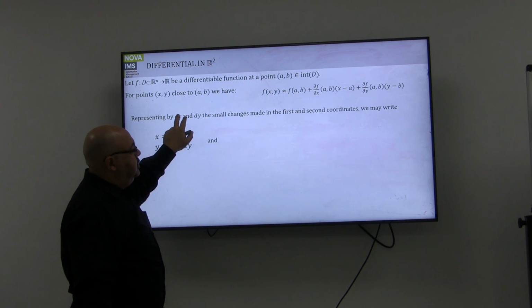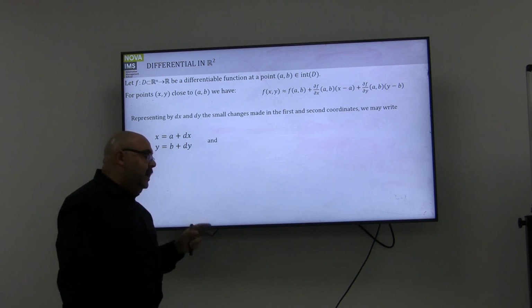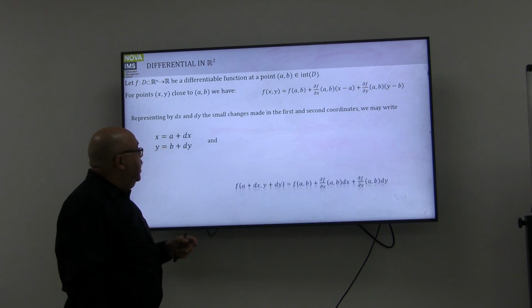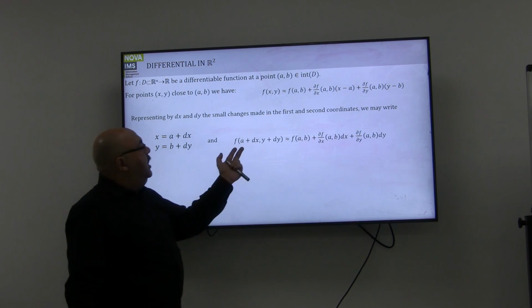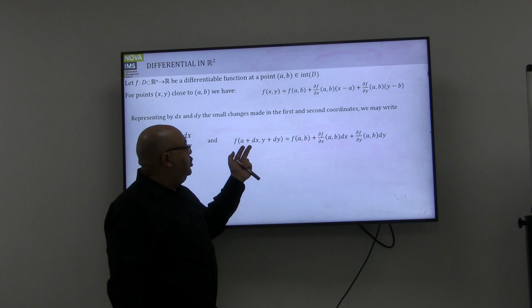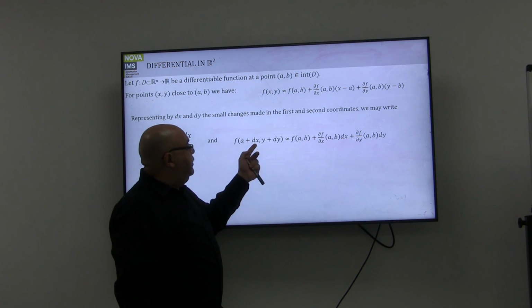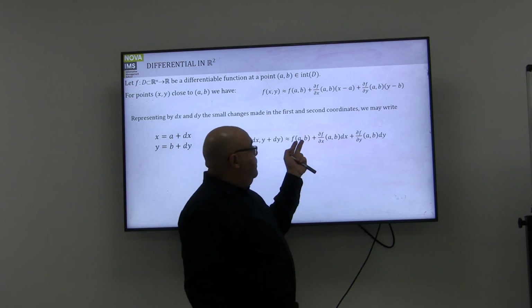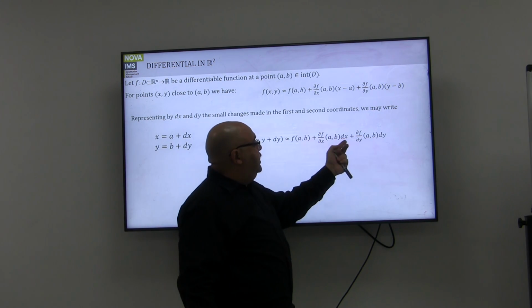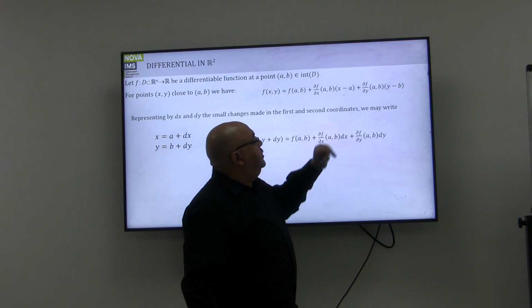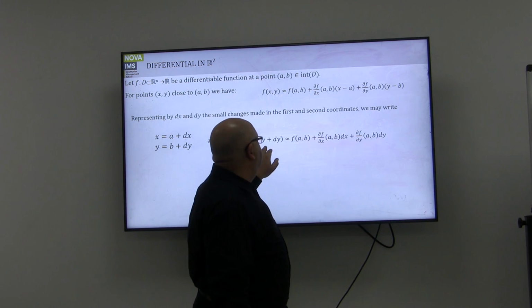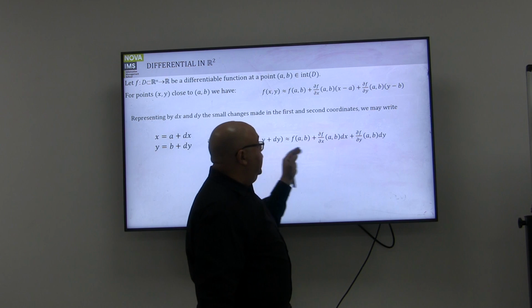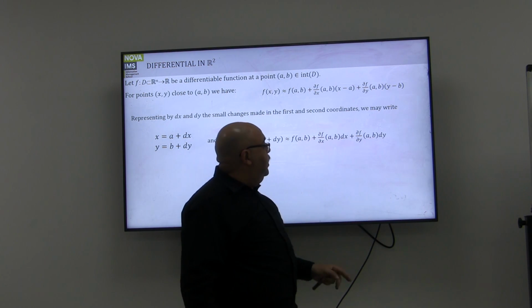For small changes or increments in x and y, as we did in the approximation, I can get the value of f of a plus dx, b plus dy, which is simply f of a, b plus the partial derivatives times the differences, a plus dx minus a, and b plus dy minus b. This is why we multiply by dx and dy in this case.